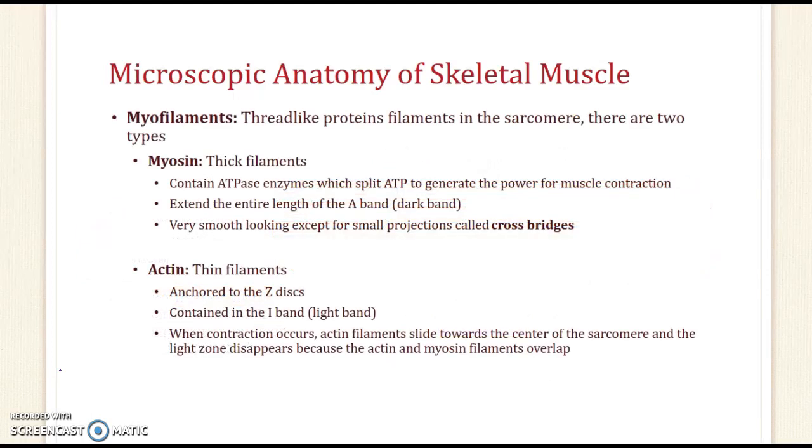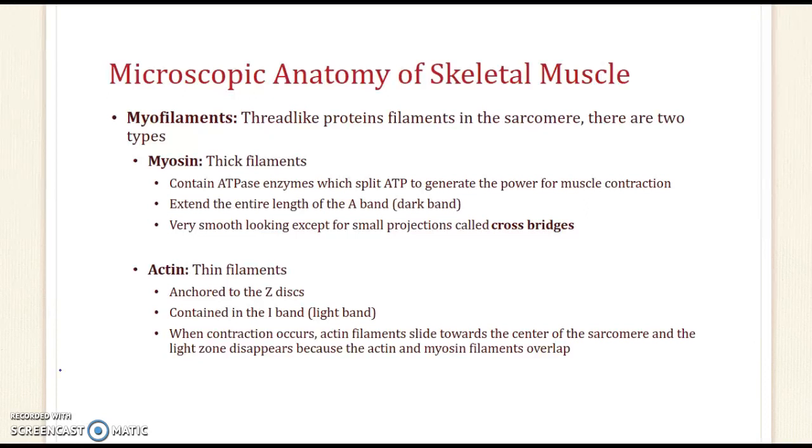On your sarcomeres, you have two very important proteins, myosin and actin. They're a little bit different and they do different things. Right now, you need to know that myosin are called thick filaments. Myosin is what actually uses ATP for energy to cause your muscle contraction. These make up the dark band of your myofibrils.